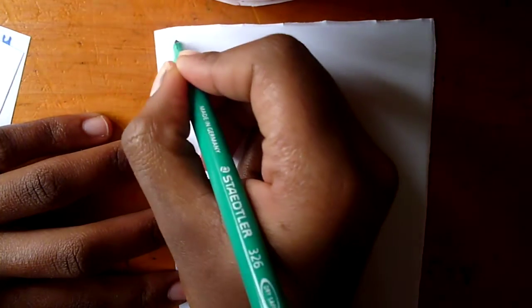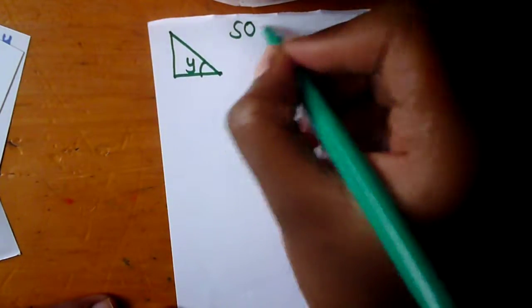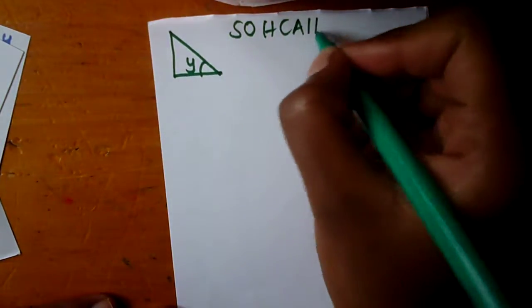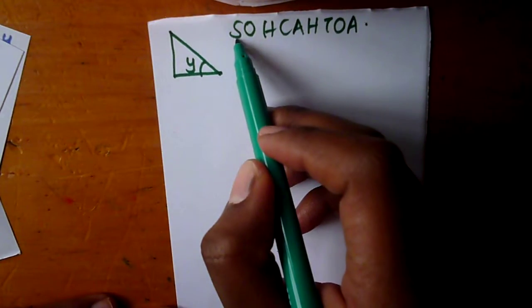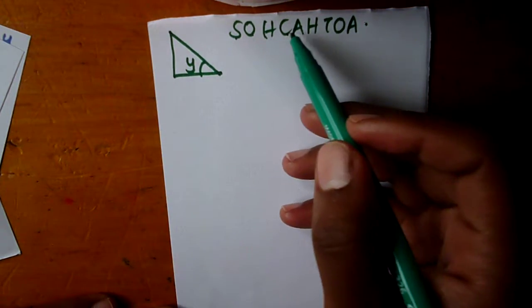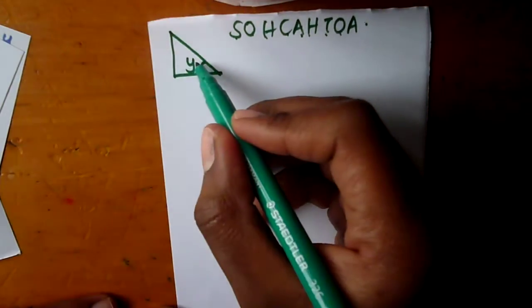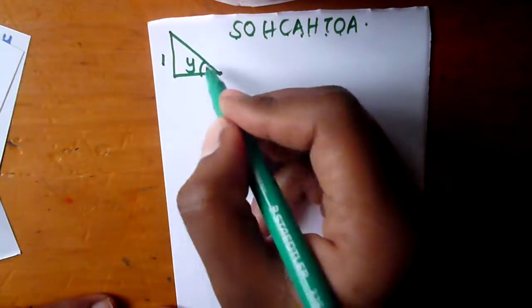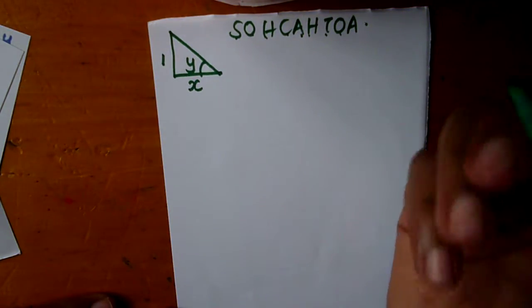So drawing our right angle triangle, this being y, and using SOHCAHTOA, where sine is opposite over hypotenuse, cosine is adjacent over hypotenuse, and tan is opposite over adjacent. Tan y has opposite 1 and adjacent x. For the hypotenuse, we are going to use the Pythagoras theorem.